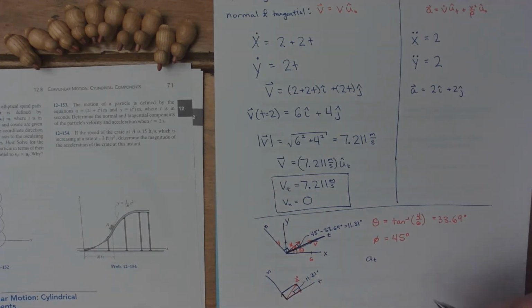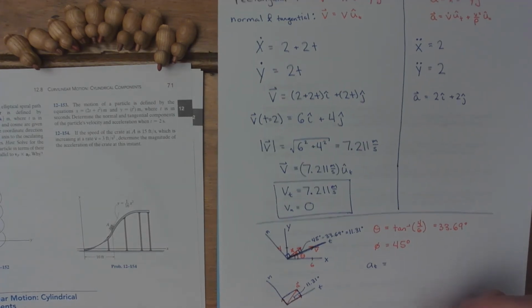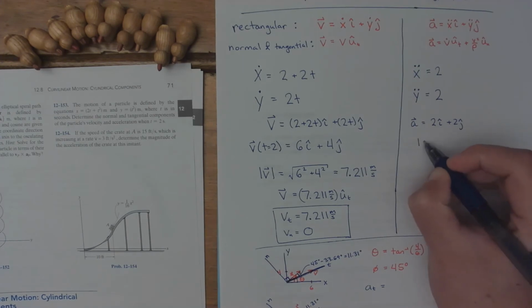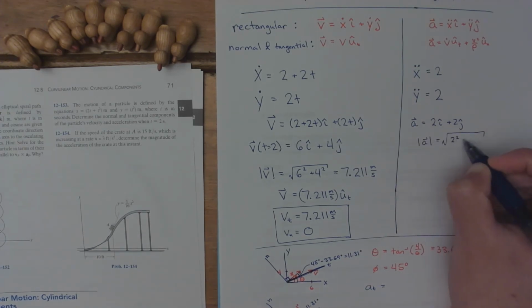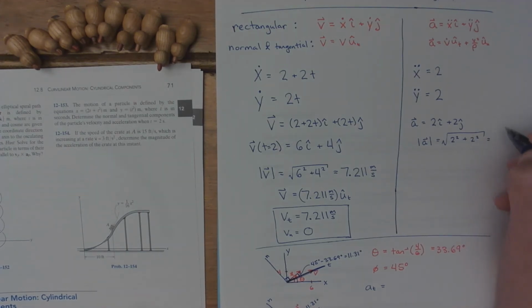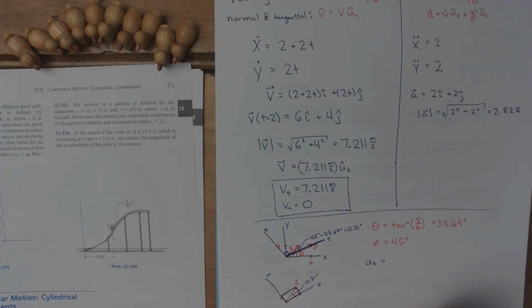I need the magnitude of the acceleration, which I didn't find yet. So the magnitude of the acceleration is the square root of 2 squared plus 2 squared, and that is 2.828. Okay, so that's the magnitude of my acceleration vector.